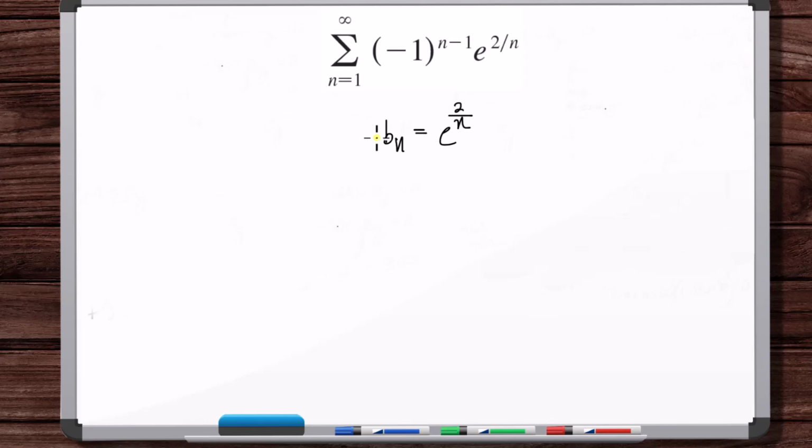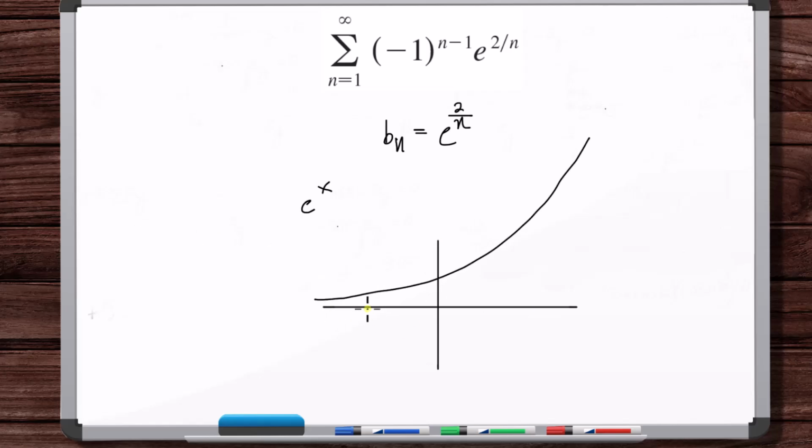If n gets bigger, the exponent is always getting smaller, then e to that number is always getting smaller. It's not like e to the x goes negative or anything; it's always positive. So e to the x is an increasing function, and it'll always be getting smaller if the exponent is getting smaller.